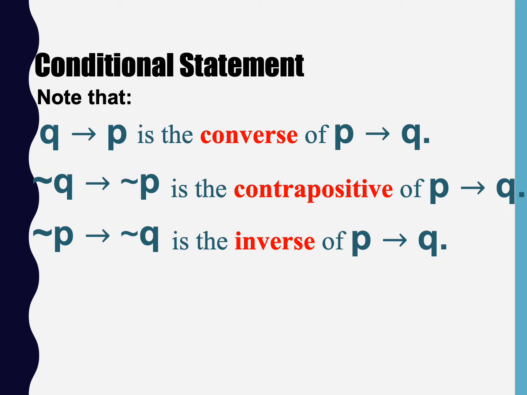Take note that if Q then P is the converse of if P then Q. Also, if not Q then not P is the contrapositive of if P then Q. Lastly, if not P then not Q is the inverse of if P then Q.